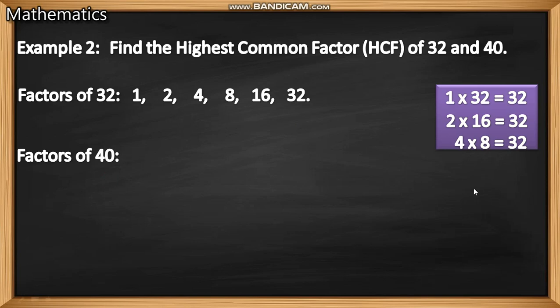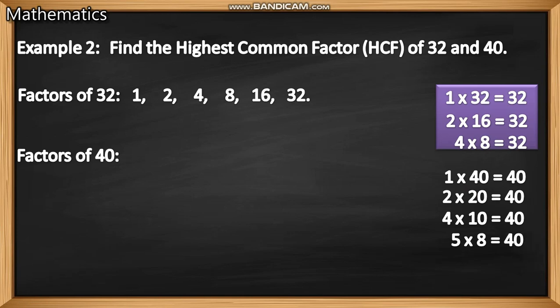At first 1 into 40 is equal to 40. Then 2 into 20 is equal to 40. Then 3, there is no multiple of 3 that gives 40. Then 4 into 10 is equal to 40. Then 5 into any number? Yes, 5 into 8 is equal to 40.